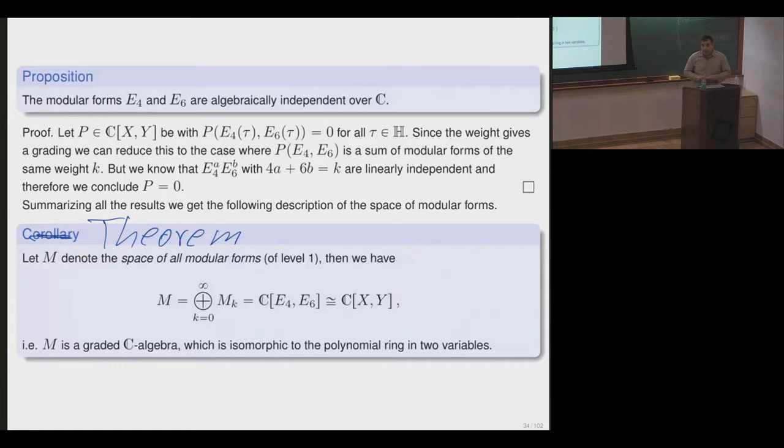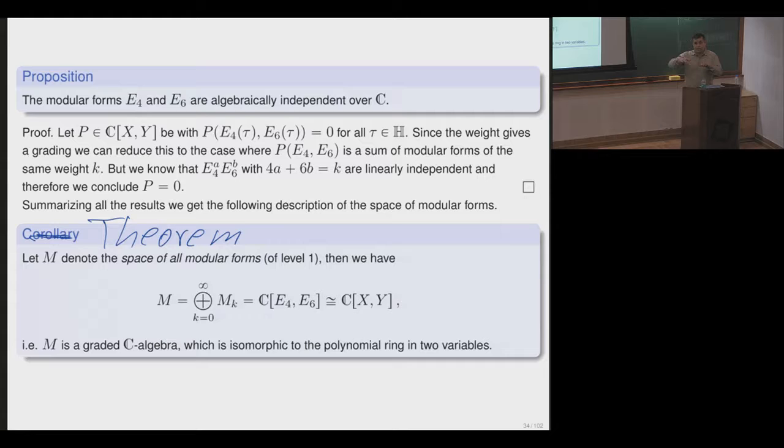So the ring of modular forms is a graded polynomial ring which is generated by these two modular forms E4 and E6. And by abstract algebra, this is just a polynomial ring in two independent variables. A side remark for the experts. We have now the generators in two different degrees.